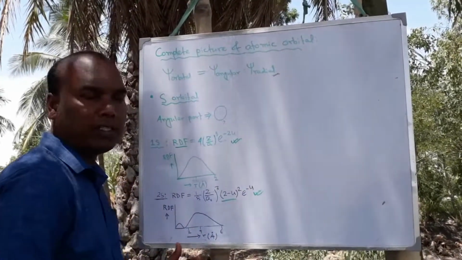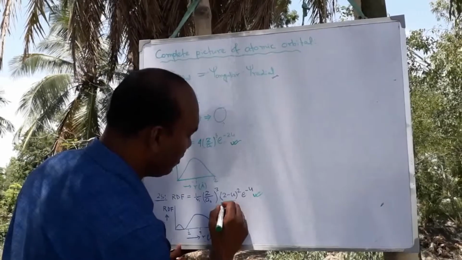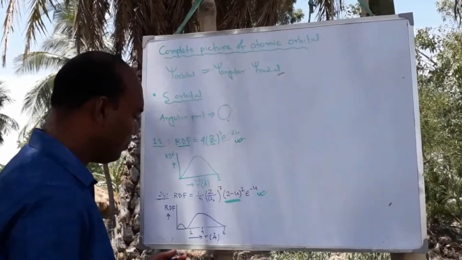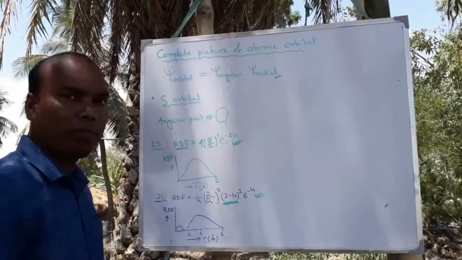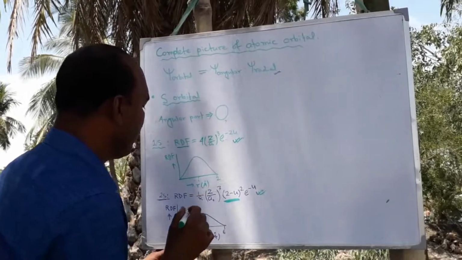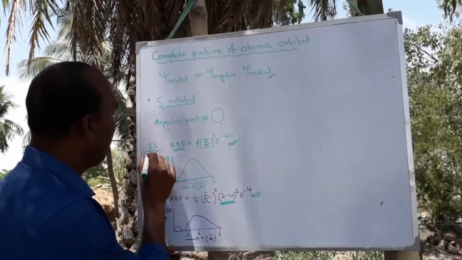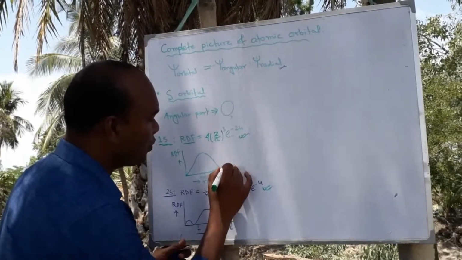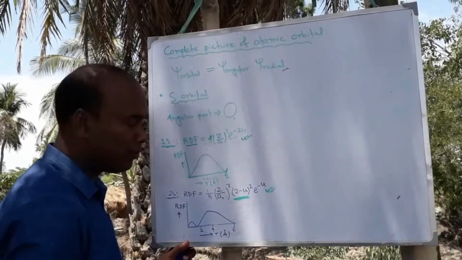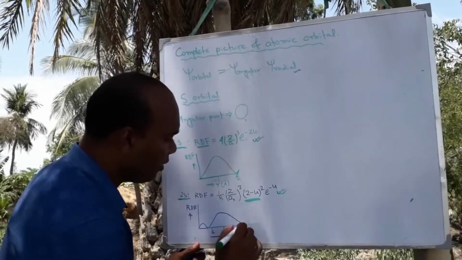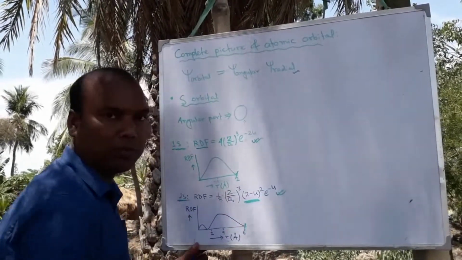Actually, in the previous lecture, I missed this portion of the RDF. Now look carefully here. You see the 1s electron is spread up to 2 angstrom, and the 2s electron is spread up to 6 angstrom.